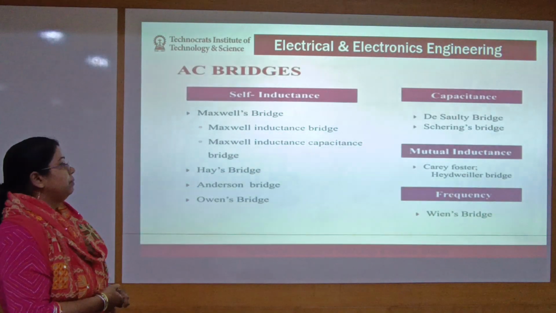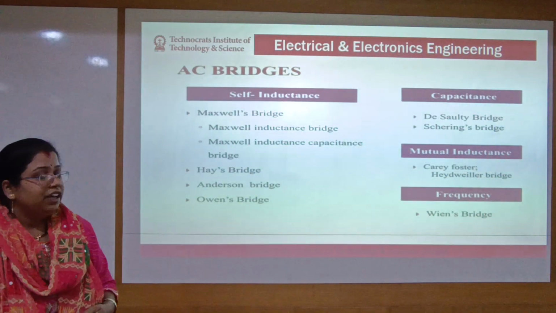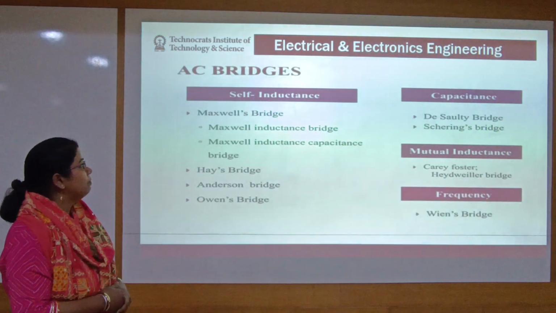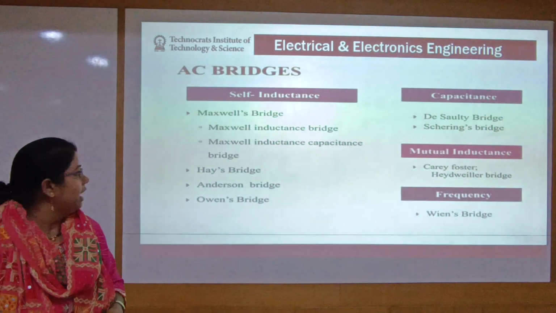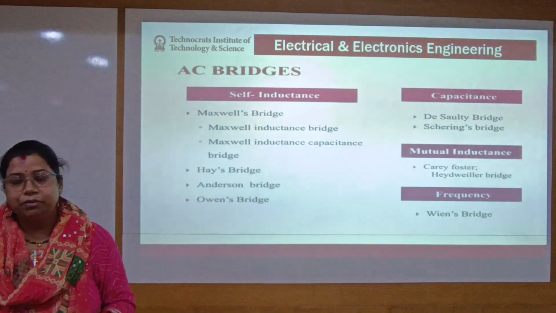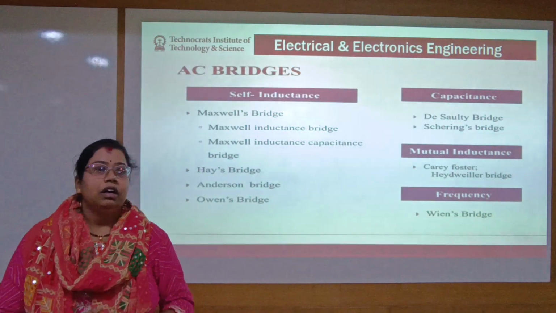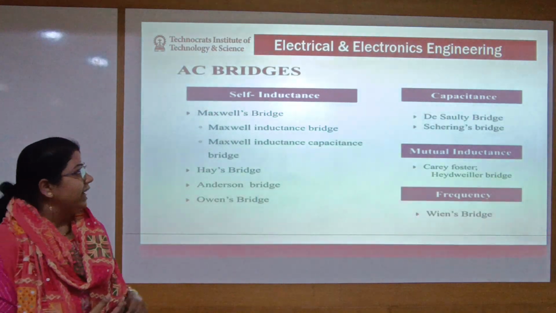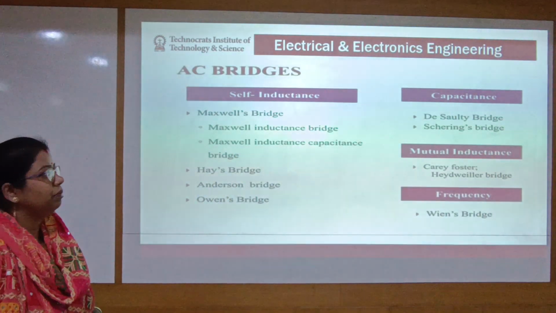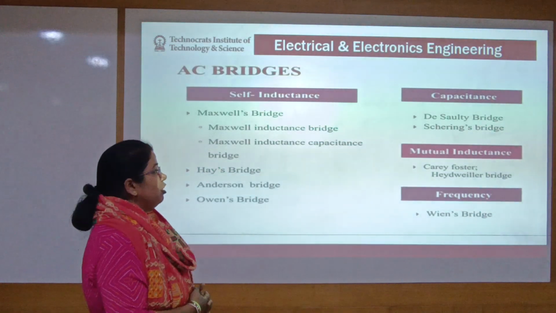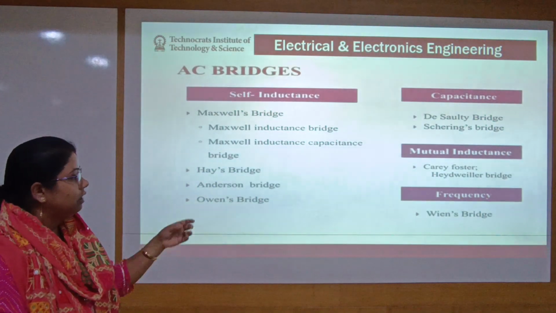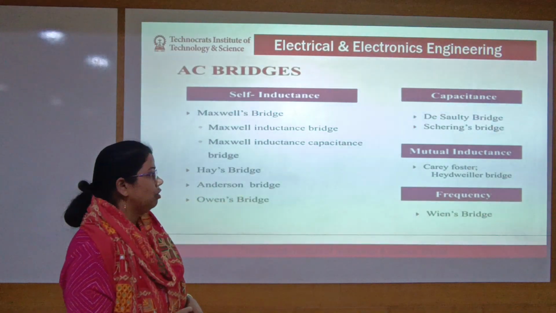The types of AC bridges: for finding unknown inductance we use Maxwell bridge, Maxwell inductance-capacitance bridge, Hay bridge, Anderson bridge and Owen bridge. For finding unknown capacitance we use De Sauty bridge and Schering bridge. For the measurement of unknown frequency we use the Wien bridge only.